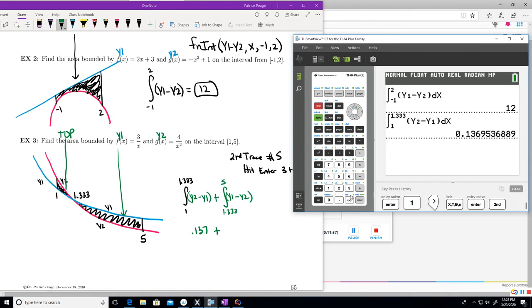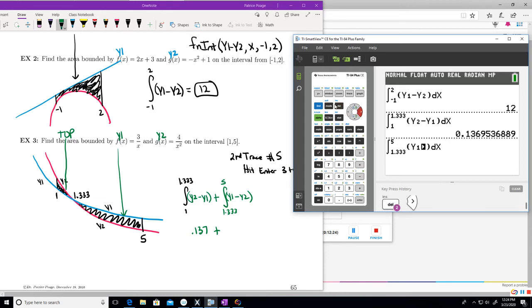I'm just going to hit second enter, and I'm going to change a lot of things actually. I'm going to change this to 1.333, and I'm going to change this one to 5, and I'm going to hit delete, delete.